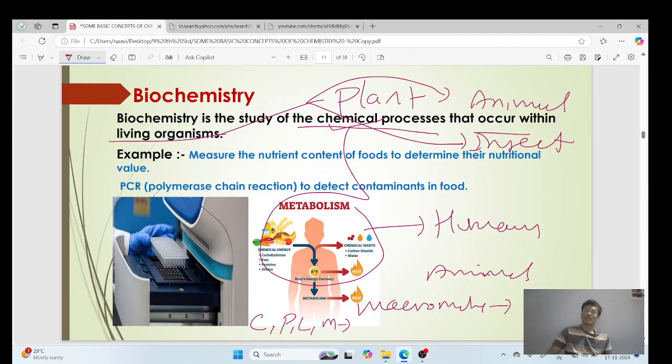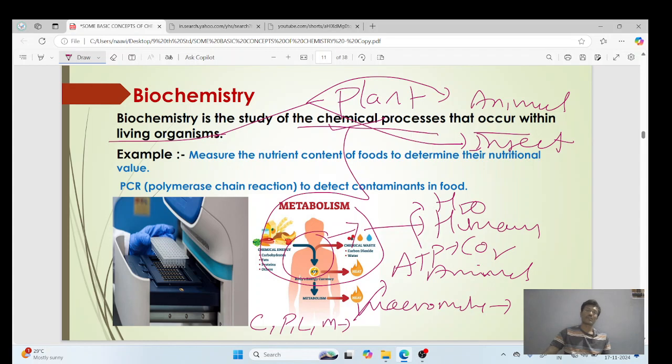How are these going to give ATP, carbon dioxide and water molecules? These are the chemical processes which occur in a human body as well as an animal and a plant. In a plant there is photosynthesis. C3 plant, C4 plant, these are the chemical processes which occur in a plant.